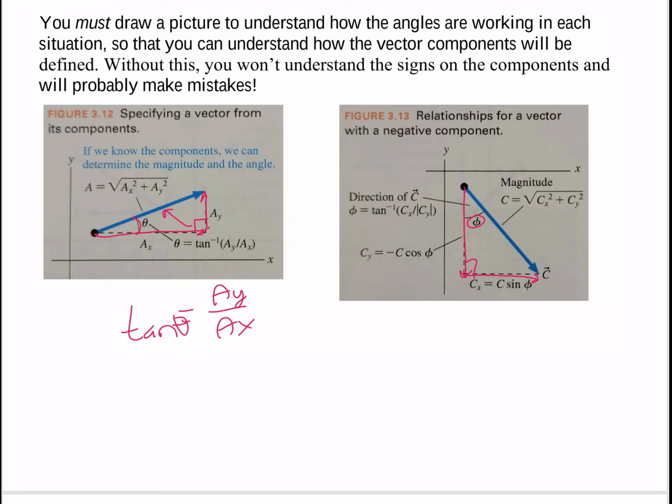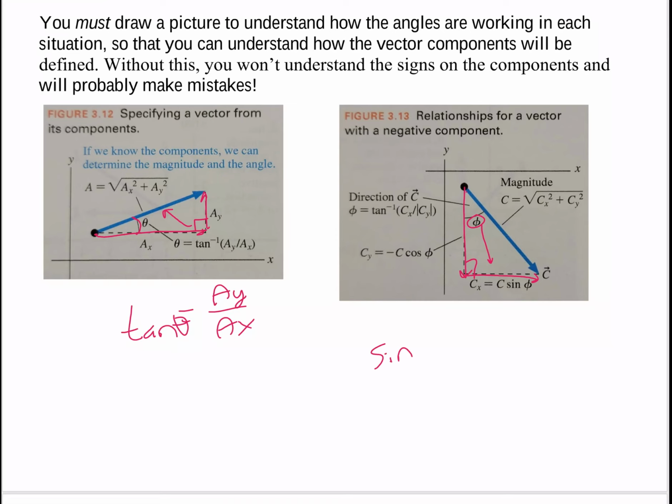Our right angle is right here, so the vector itself is the hypotenuse. If I want to come up with my x component, the reference angle is across from the x component, so that makes it the opposite side. That means I would use sine, and then they're using a different symbol for the angle. It's okay, you can use theta, it doesn't matter.